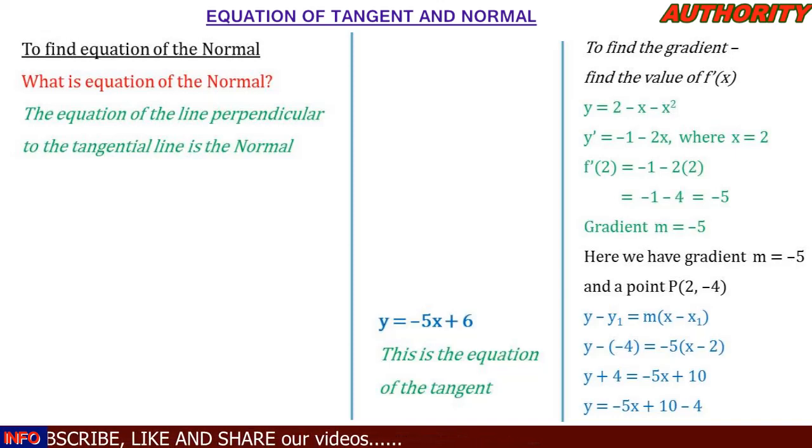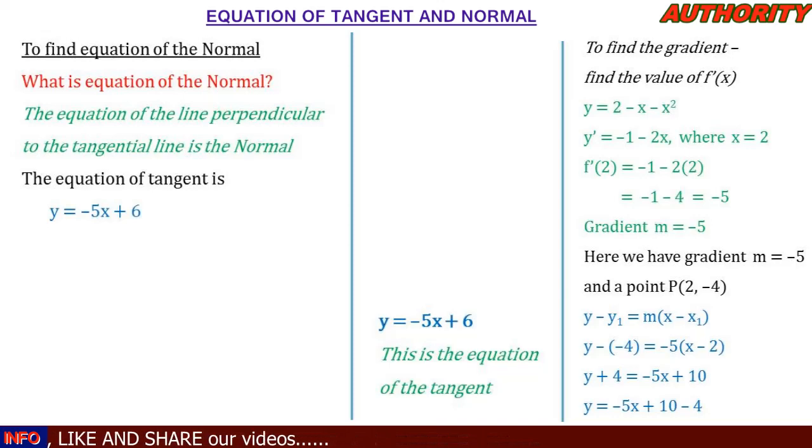Okay, now what is the equation of the tangent? We have y is equal to minus 5x plus 6. And then what is the gradient of this equation? The m is equal to minus 5. The gradient is minus 5. And then when two lines are perpendicular, m1 m2 is equal to minus 1. So we obtain m1 to be minus 5.